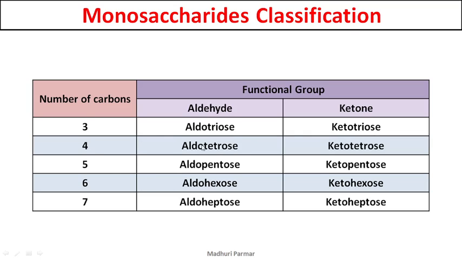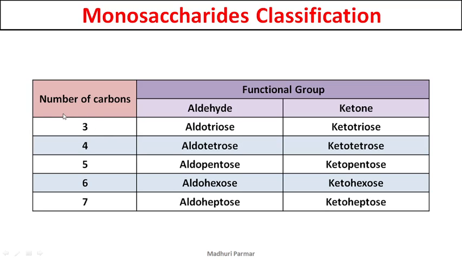For 4, you can call them aldotetrose or ketotetrose. 5 is pentose, so aldopentose or ketopentose. 6 is hexose, so aldohexose or ketohexose. And 7 is heptose, so aldoheptose in case of aldehyde and ketoheptose in case of ketone.